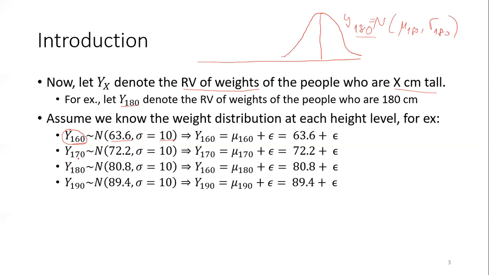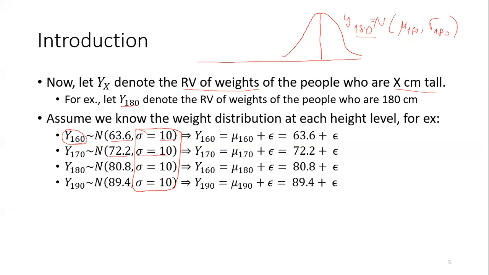Similarly, 170 is the random variable for the weight of people who are 170 centimeters tall, normally distributed with this mean and the same standard deviation. So as you see, the standard deviations are the same.